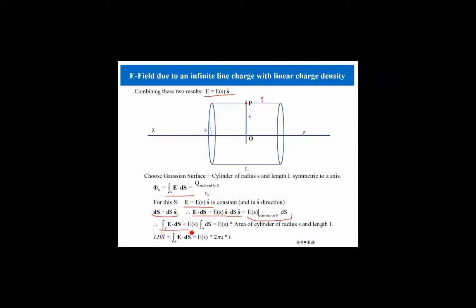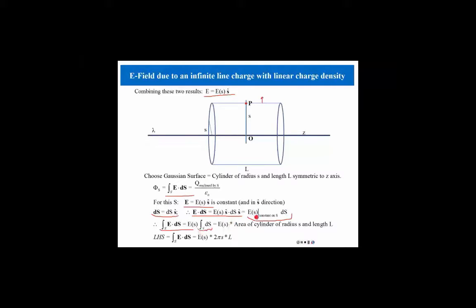Putting in the values here then, we'll have E as a function of s, times the integral of dS. So all we've done is taken this quantity here and we're integrating it over the surface, and so that's what we end up with.